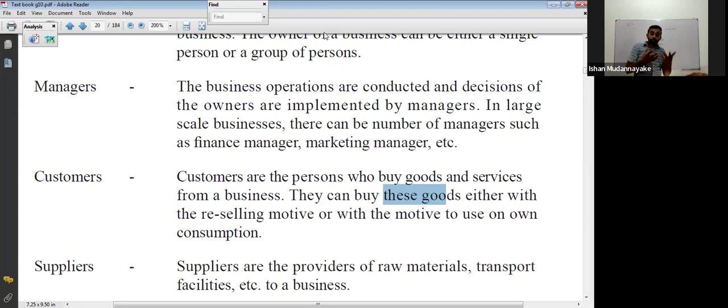Customers are the persons buying goods and services of the business. They bring cash to the business. They bring income to the business organization. If customers are not there, you can't achieve your target.